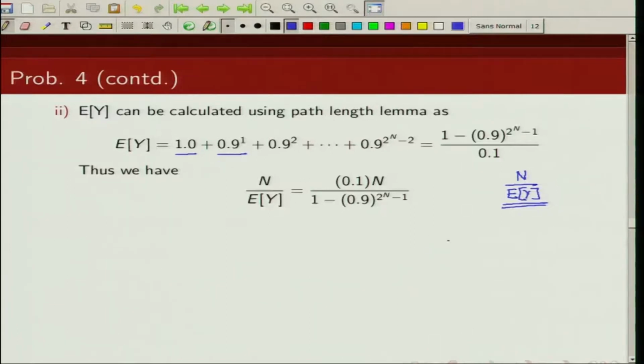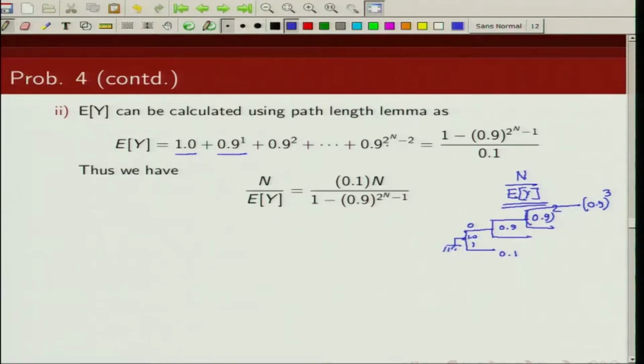So, if I draw the run length coding, it would be like this. Initially you have 0 and 1, this is probability 1, this is probability 0.9, this is probability 0.1. Then again you are extending this. So, this is probability 0.9 into 0.9, that is 0.9 square. Then again you extend this, this will be 0.9 cube.